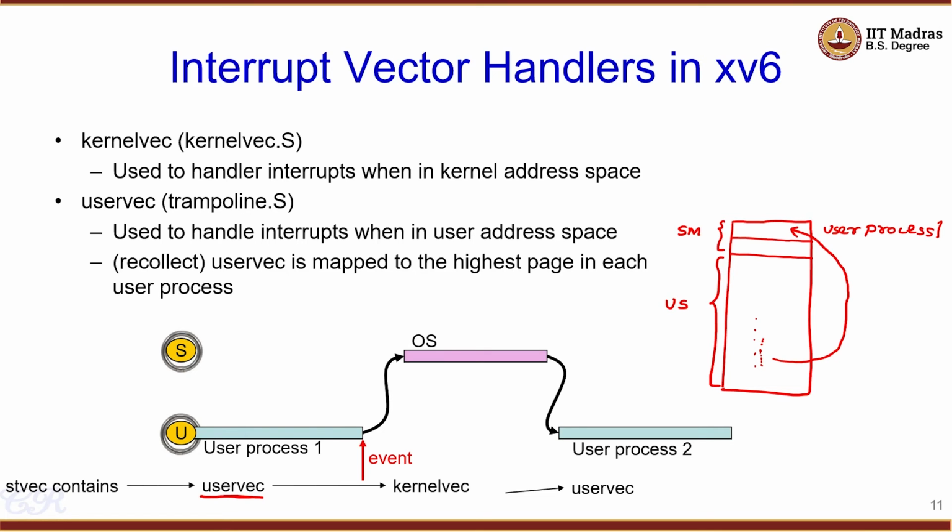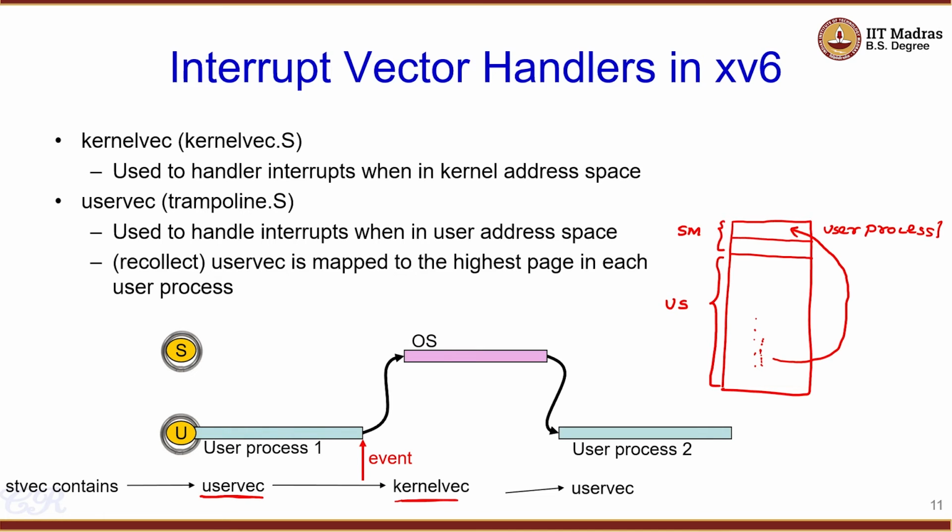The reason the function user vec has executed is because the Stvec register contains the address of user vec. So, user vec now invokes the kernel vec, which is another function, and in this way the interrupts are essentially serviced, and the OS would continue, right.